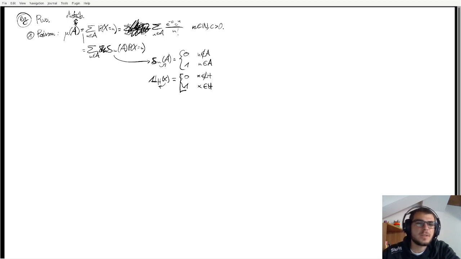What is the interpretation and the link between these two? This is a function of a point which depends on the set. And this is a function of a set which depends on a point.